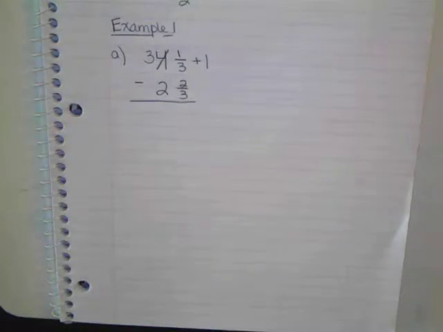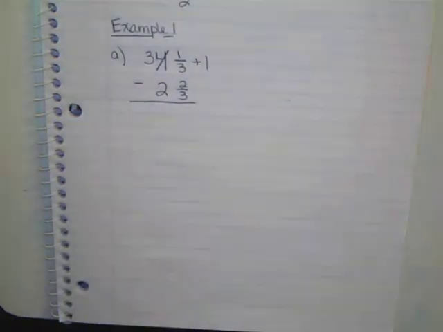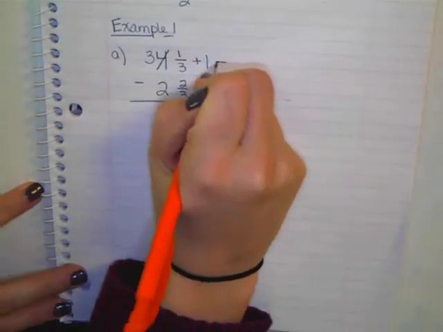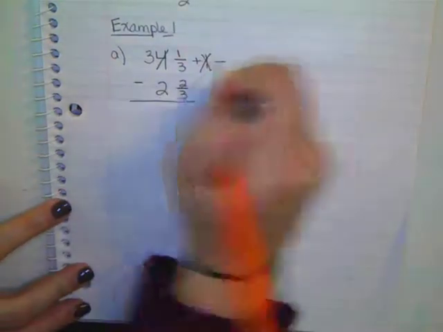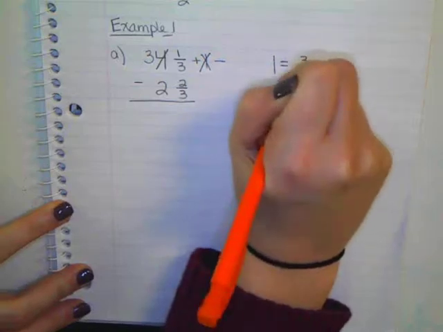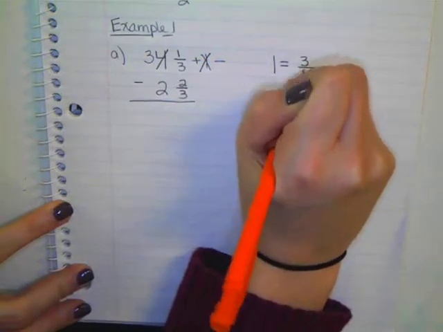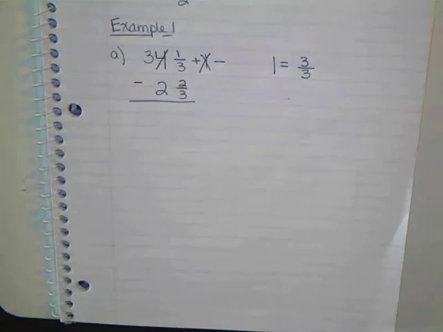Okay, so I'm adding 1 whole, which means instead of adding 1, I'm going to change 1 into a fraction. And how can I write 1 as a fraction? 3 over 3. Everybody agree that 1 is equivalent to 3 over 3.